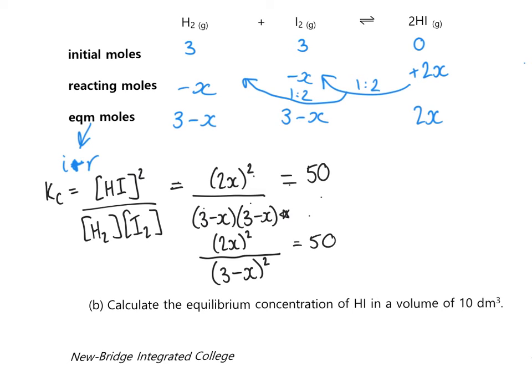But are you okay with how I've put 3 minus x squared? Because something squared is just it times by itself.